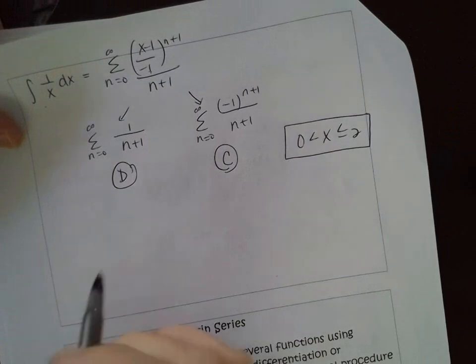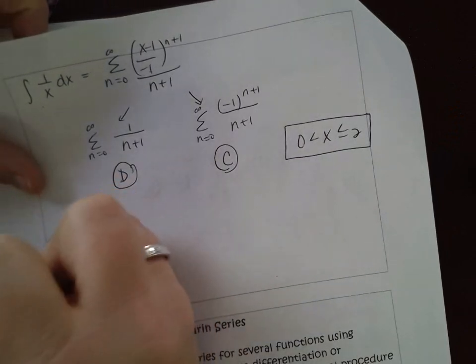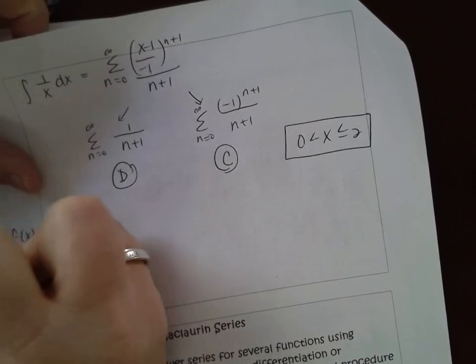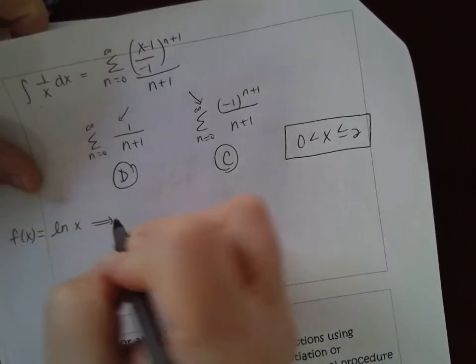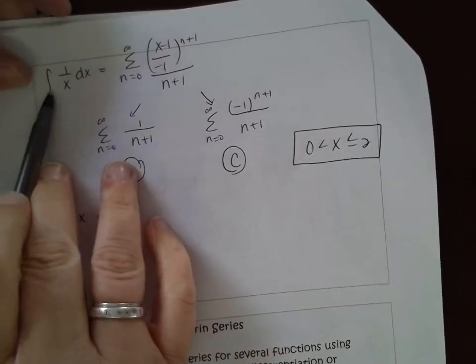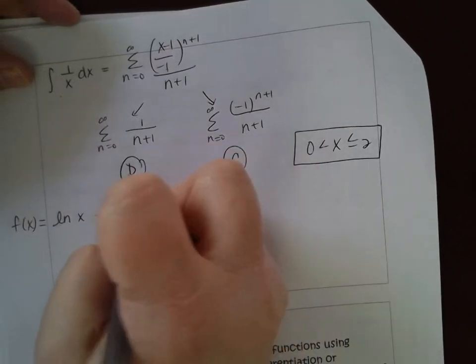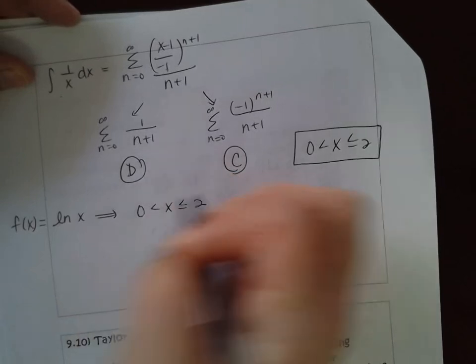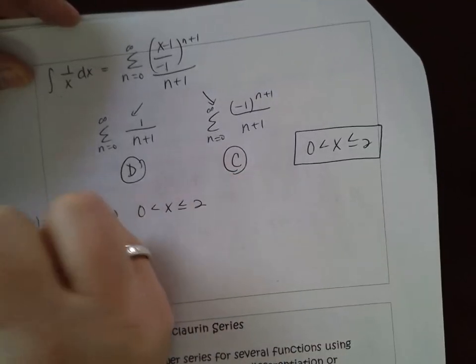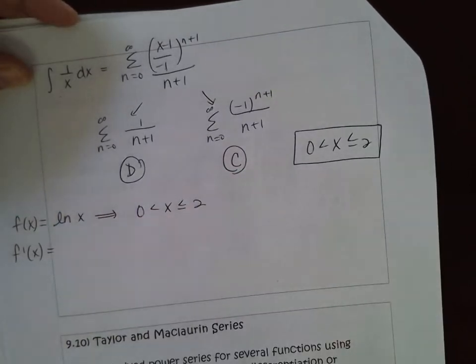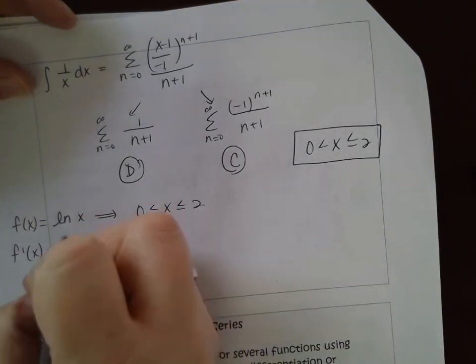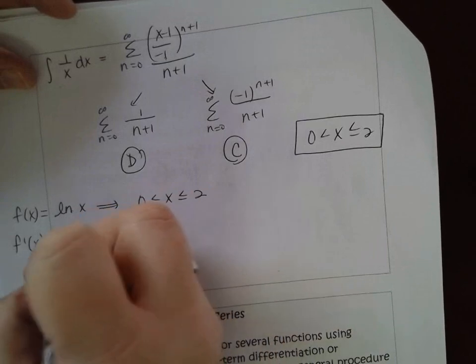So let me pause in my thoughts. For the function natural log of x, my interval of convergence, because the natural log of x is the integral of this, is 0 to 2. The derivative, even though I treated it like the original, because then I took the integral of it, I can't take the integral of the natural log of x.